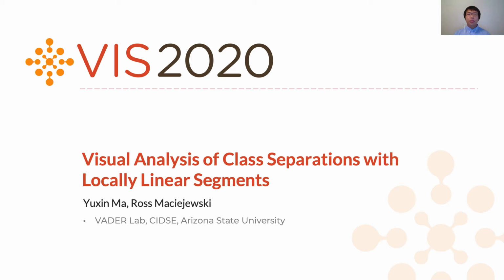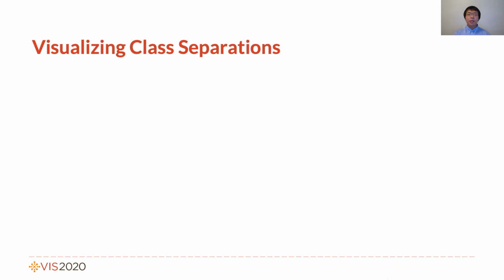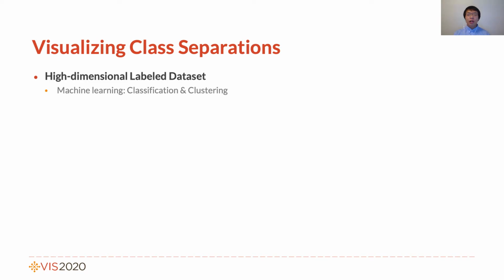Today I'm going to introduce our work on the visual analysis of class separations with locally linear segments. The concept of labels is a fundamental building block, widely adopted in machine learning tasks including classification and clustering.